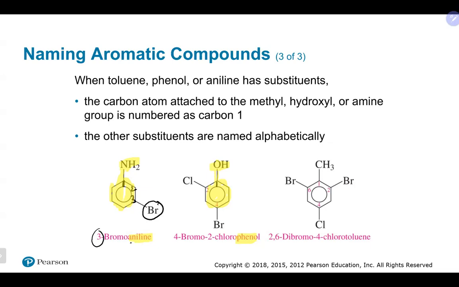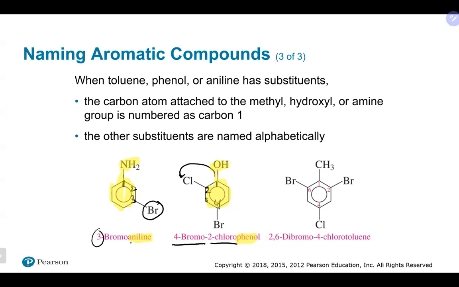If we go left or counterclockwise like they did there, you can see we will get smaller numbers of 2 and 4. So in this case, we would want to go counterclockwise in terms of the numbering. That would give us 2-chloro, or actually 4-bromo because it's alphabetical. So 4-bromo-2-chlorophenol in this case.